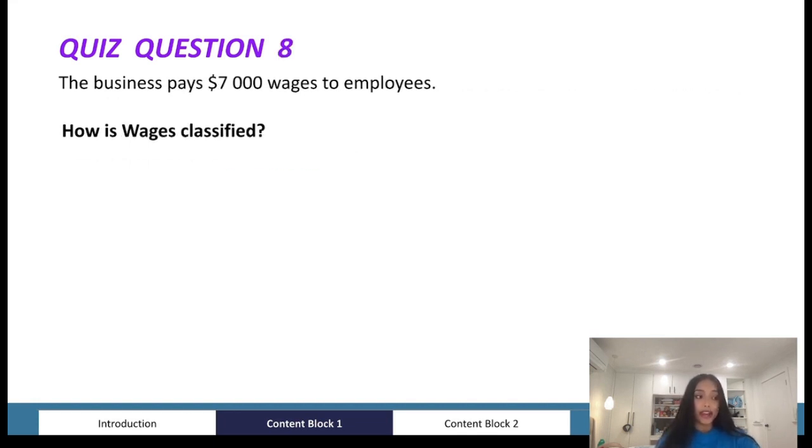$7,000 of wages were paid by the business. How are these wages classified?